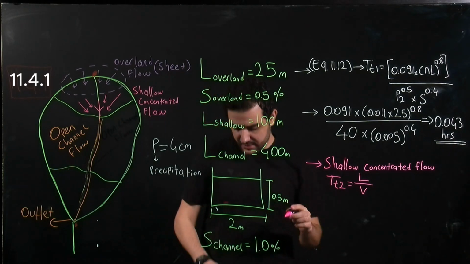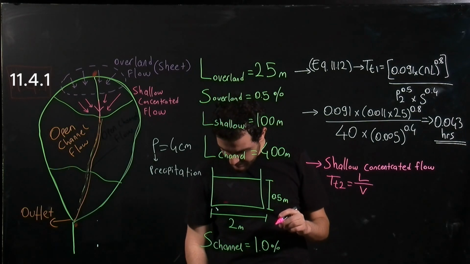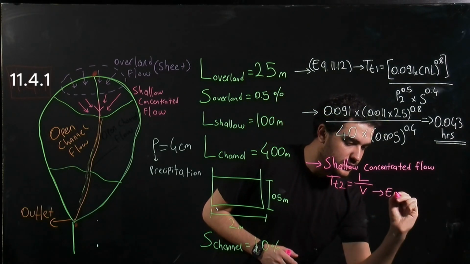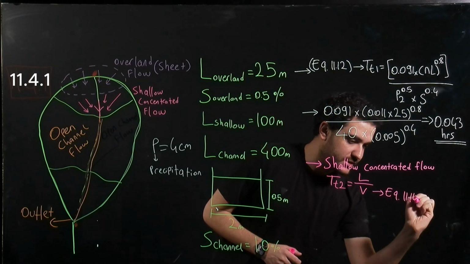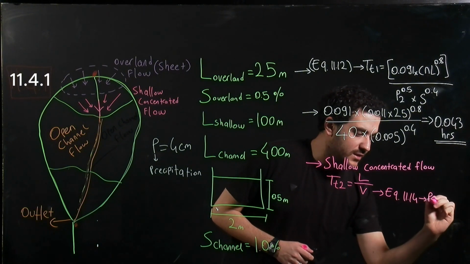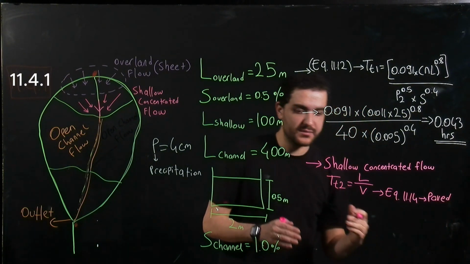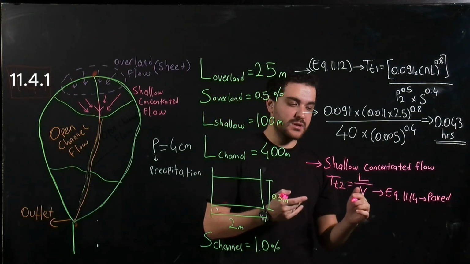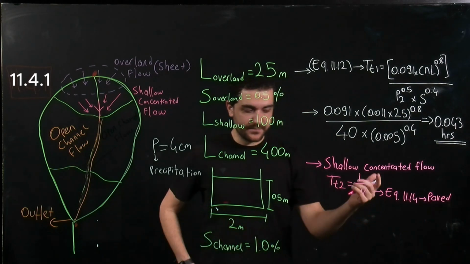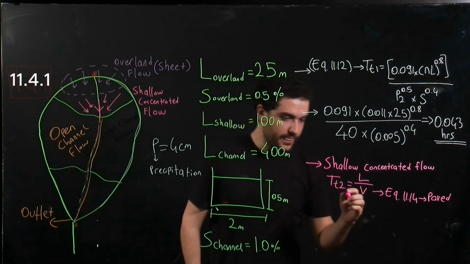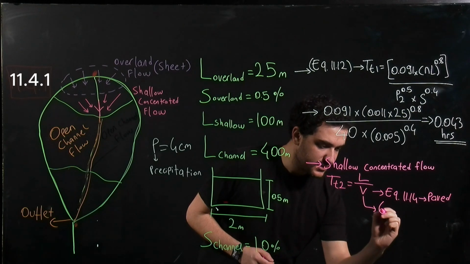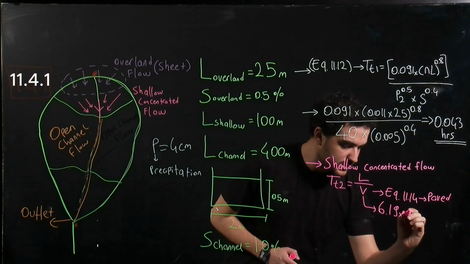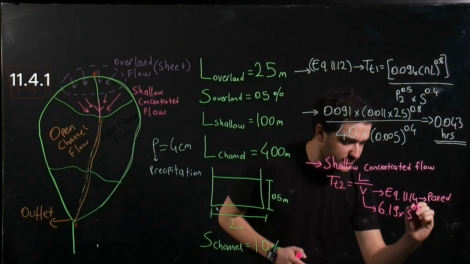And also if you check your textbook, you will see equation 11.14. This is the velocity for paved surfaces. So since we had a parking lot, we assume that it is paved, so we will continue with that. And the velocity is 0.19 times slope to the power of 0.5.